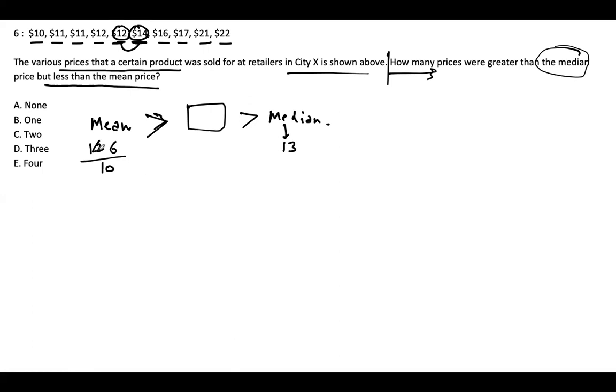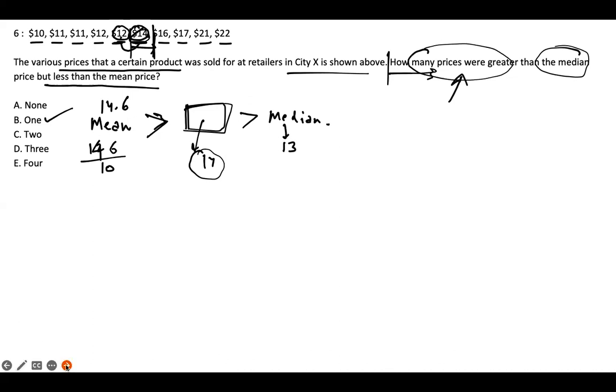So it's 146, which gives 14.6. So this price should be greater than 13 and less than 14.6. So only one value, which is 14. The question is how many prices were greater than the median but less than the mean? Only one value. I don't think there's a problem with this.